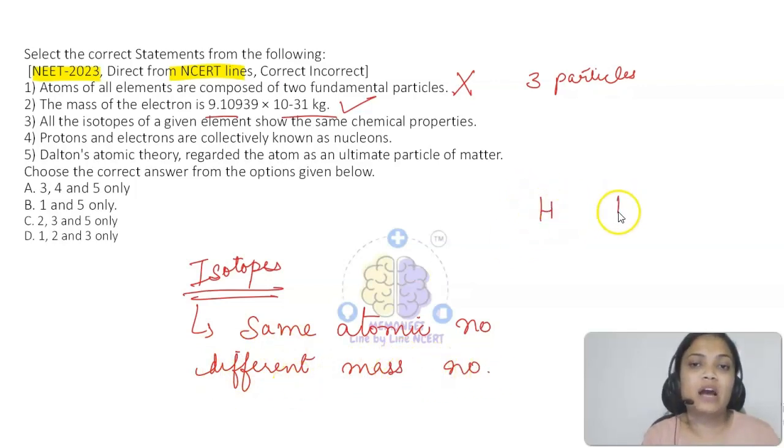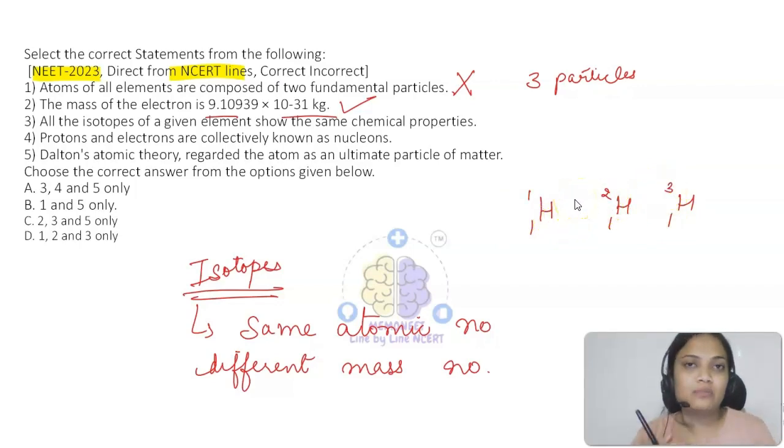Like hydrogen, it has 3 isotopes. Hydrogen has atomic number 1, but the mass number is 1, 2, 3. Now students, we have studied that atomic number is equal to the number of protons as well as the electrons, because for a neutral atom they are equal. So if the atomic number is the same, then all of them have the same number of electrons.